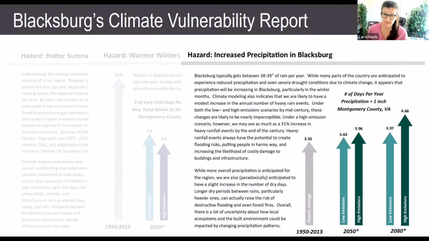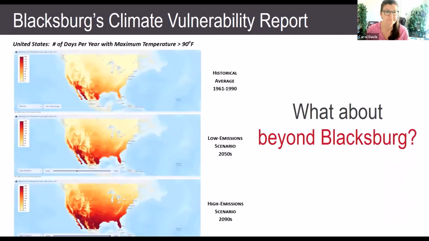So if you go from 3.5 of those a year to 4.5 of those a year, that has a significant impact for areas where there is a heightened flood risk. And we do have some of those, not so much in Blacksburg, though there are a few places in Blacksburg that tend to flood, but this might be a bigger issue at the regional scale where we do have some areas with significant and persistent flood risk.